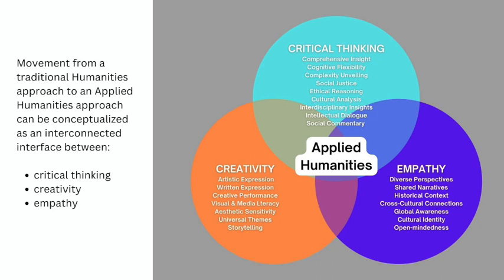The second area focuses on creativity, which would be things like artistic expression, aesthetic sensitivity, knowing universal themes, and storytelling. And then we have a third area, which emphasizes empathy, and this would incorporate things like cross-cultural connections, diverse perspectives, global awareness, cultural identity, and open-mindedness.